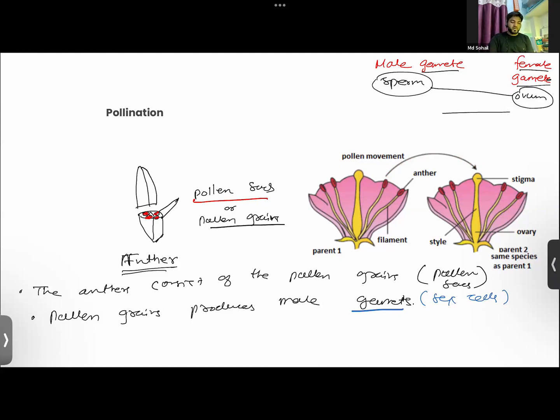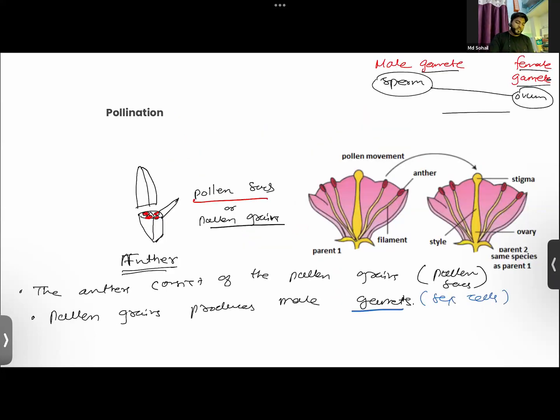I'm not going into the different types, like self pollination and cross pollination, right now; I will cover that also. But first, look at what happens once the pollen grains have landed onto the stigma.